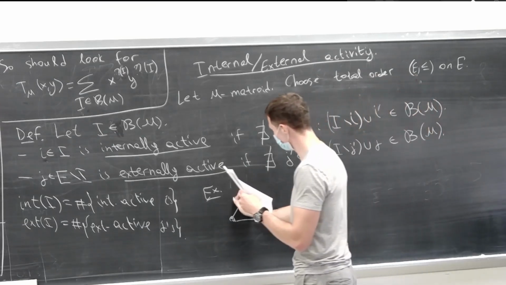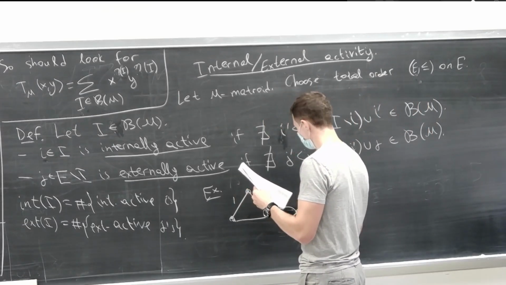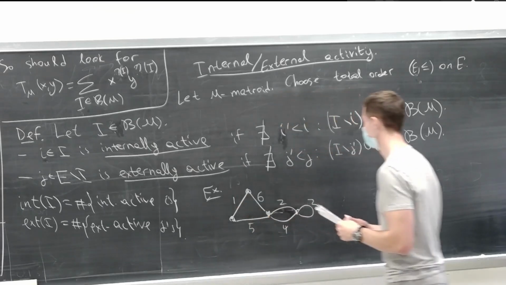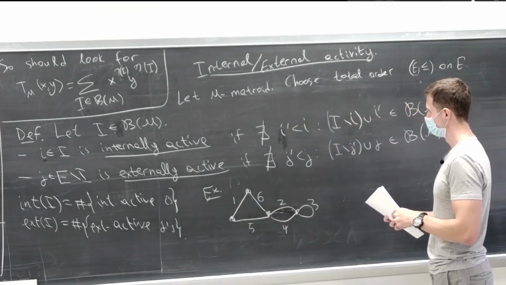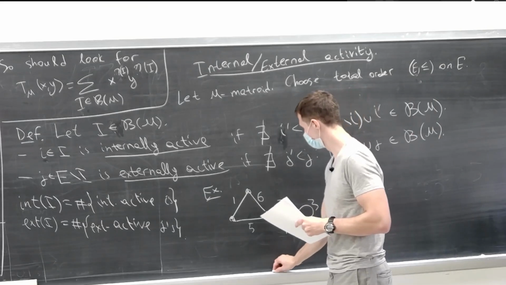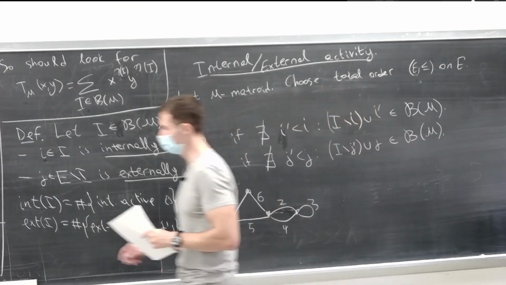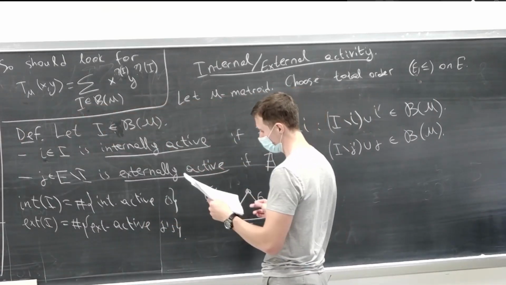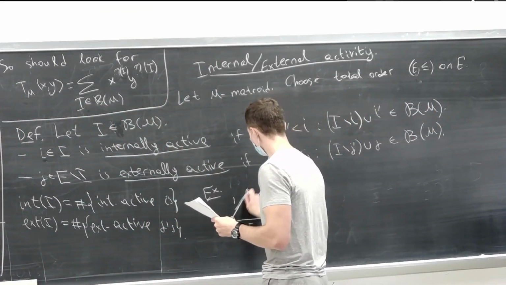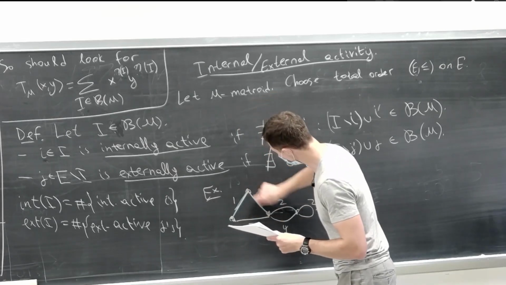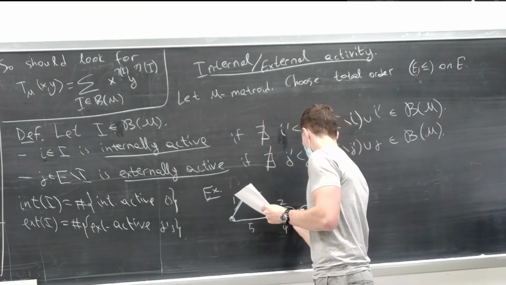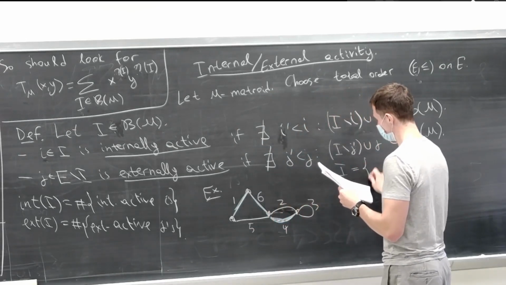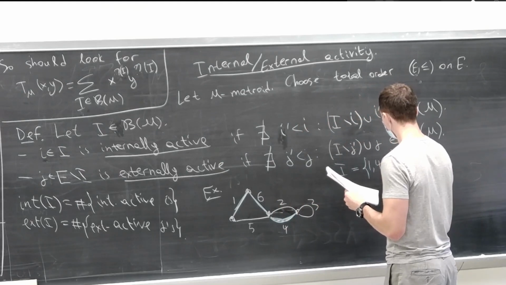Let me do this kind of randomly: 1, 2, 3, 4, 5, 6. So 1 is less than 2, and so on. Now I also want to choose a spanning tree, because a basis in this case is a spanning tree. Maybe I choose 1, 4, 6. So I is {1, 4, 6}.